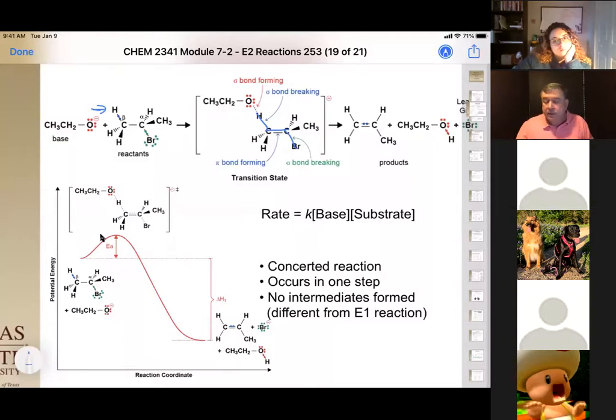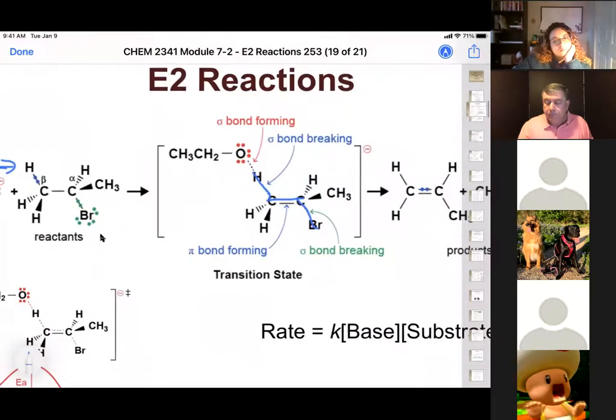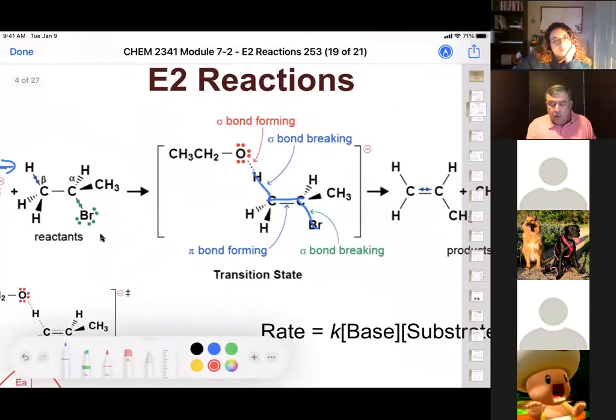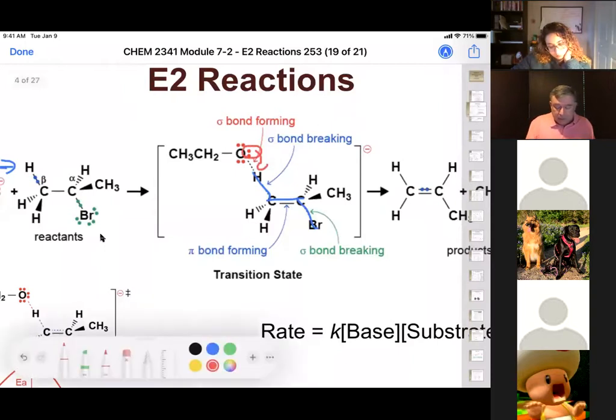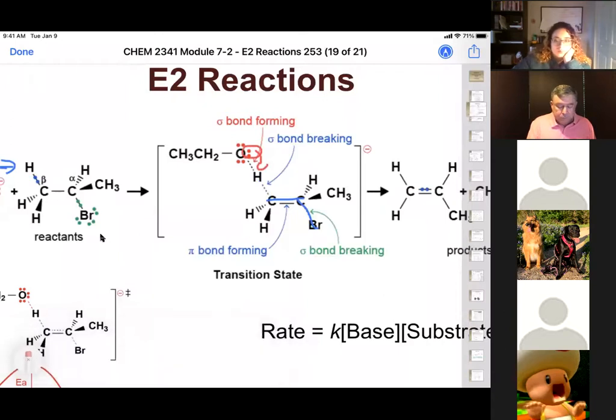So let's look at those different electrons that are moving around here. The first electrons we're going to see moving around are the lone pair from our base. They're going to reach out and start tugging on this hydrogen. That hydrogen that was bound to our carbon here is going to give up these 2 electrons, and those are going to form the double bond, the pi bond between the 2 carbons.